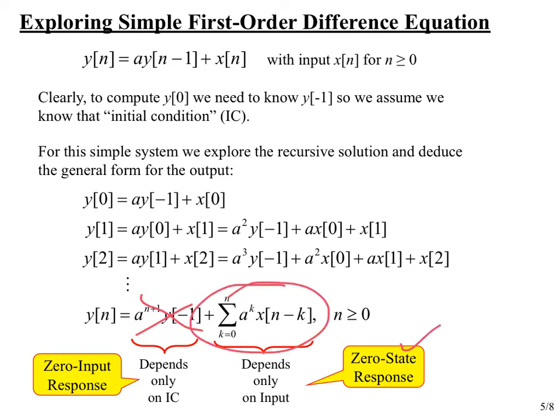So the 0 state response is what we get when the state is 0. State is just another name for initial condition, and vice versa. So that's the structure that we get.